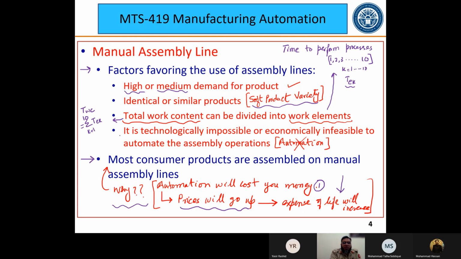Then the fourth point is that if it is technologically impossible or economically infeasible to automate the assembly operation, then we go with the manual assembly line and we do not go with automation. So these are the four factors which favor the use of manual assembly lines.